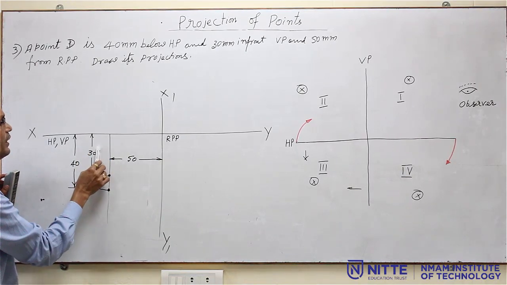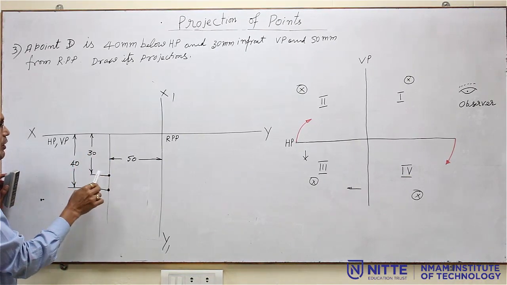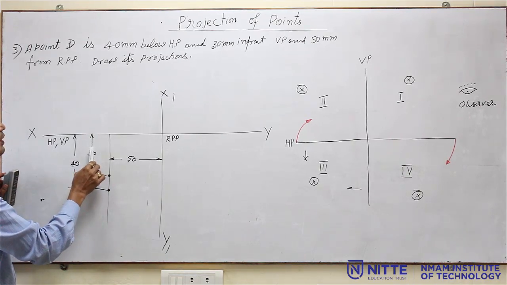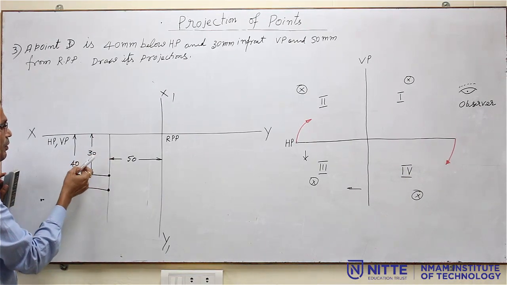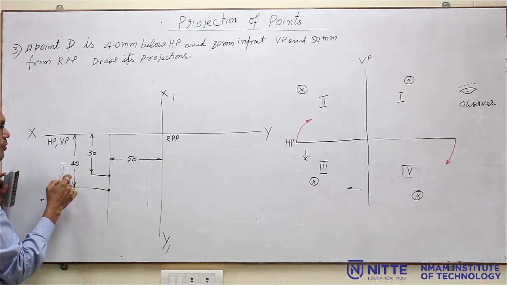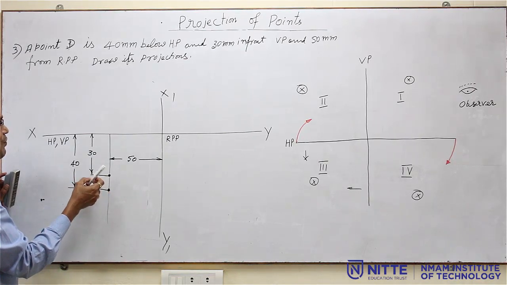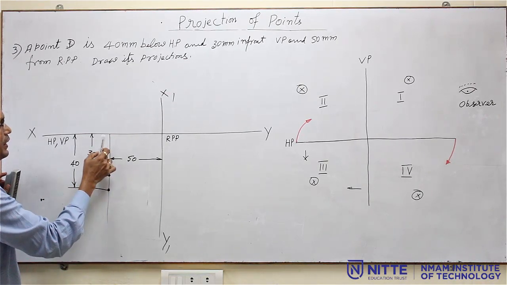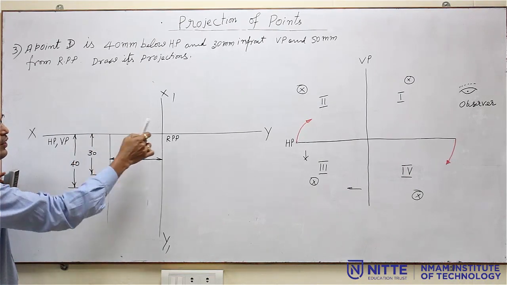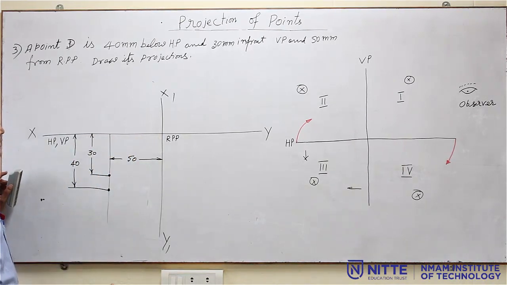Do not write the 40 here and 30 outside, otherwise they will intersect. So the smaller one is placed at the inner part and the larger dimension at the outer part. If there is one more, say 20, you place it inside. In that order you go on placing the dimensions.